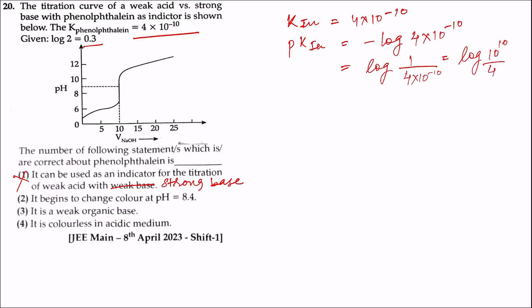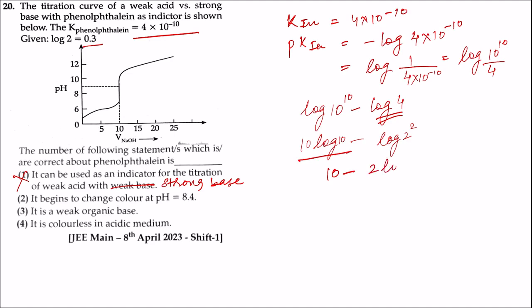This can be written as log 10 to the power 10 minus log 4. log 4 को क्या लिख सकते हैं? log 2 square. log 10 to the power 10 को लिख सकते हैं 10 log 10. 10 log 10 is 10 minus log 2 square हो जाएगा 2 log 2. तो सॉल्विंग ये हो गया 2 into log 2 हो गया 0.3. सो 10 minus 0.6, तो इसकी वैल्यू आ जाएगी 9.4.